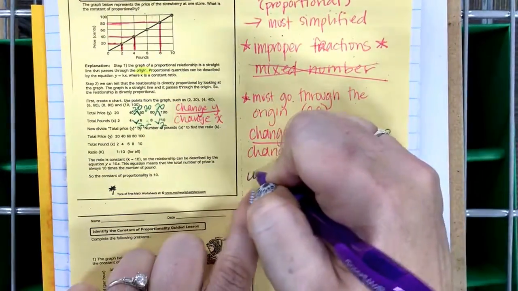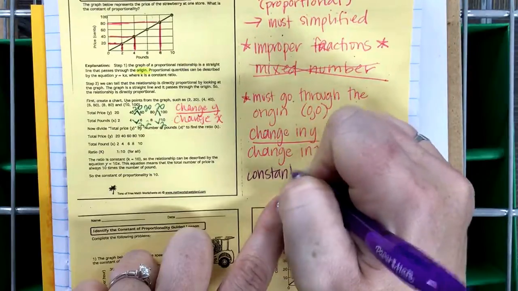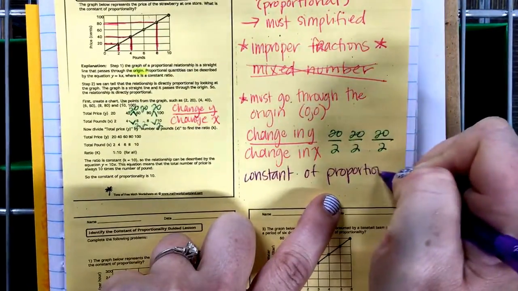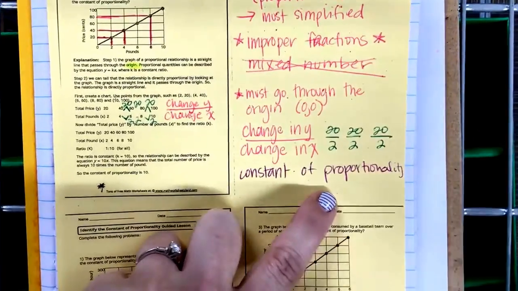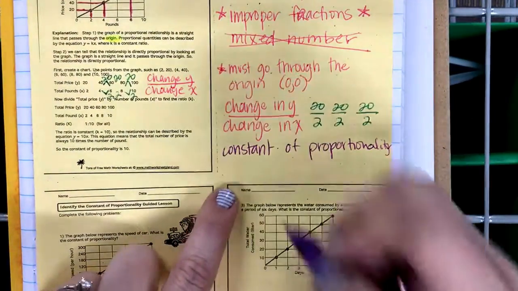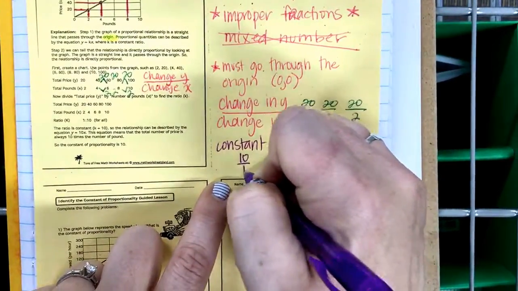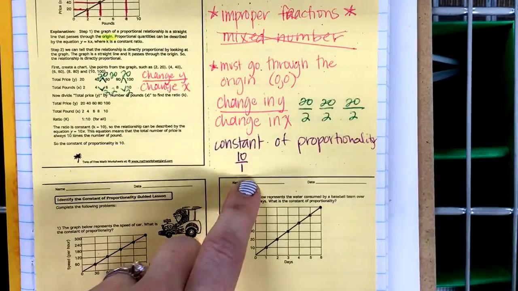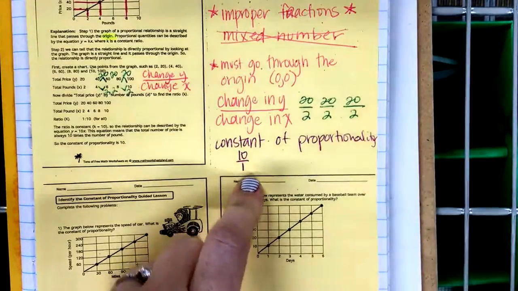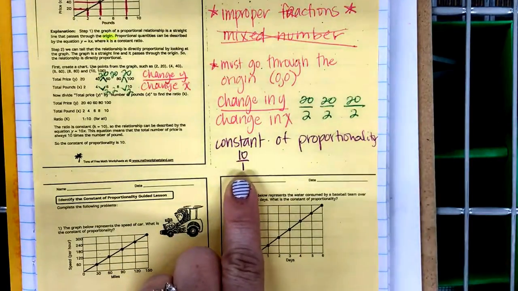So my constant of proportionality, which is an awesome word to spell, is 10 over 1. And 10 over 1 is improper, correct? But if I simplified it, would it change to a mixed number?